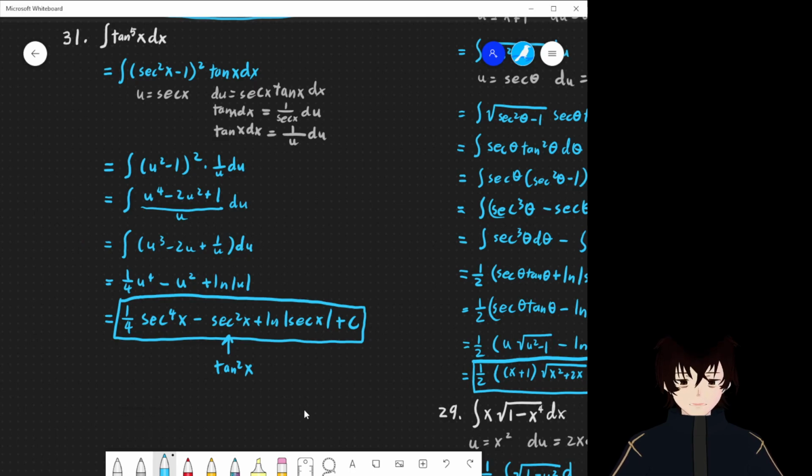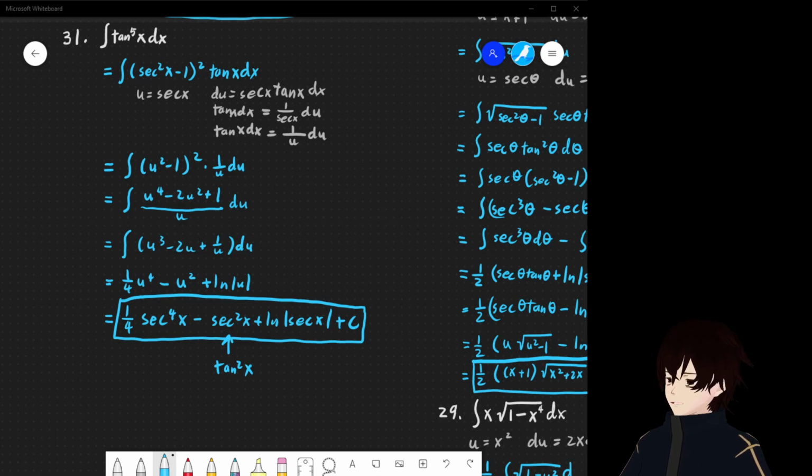There's the right one. Now I can do this. How does it get tangent squared x?